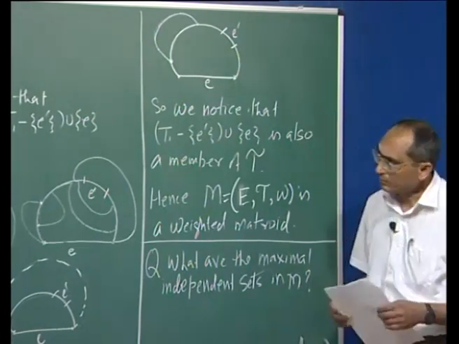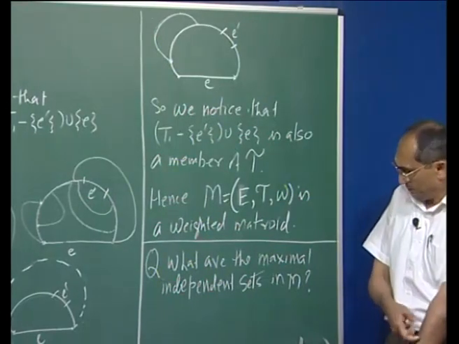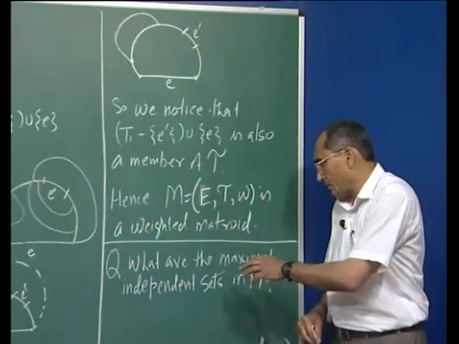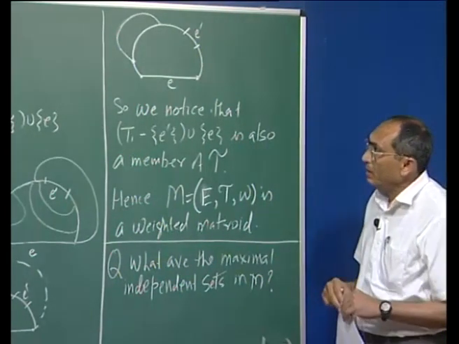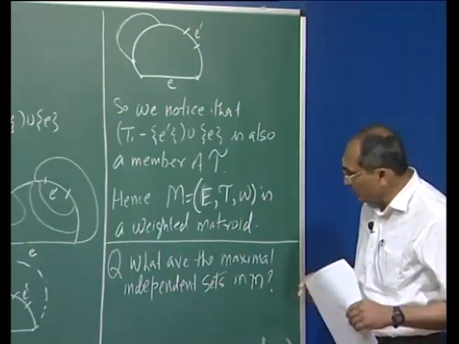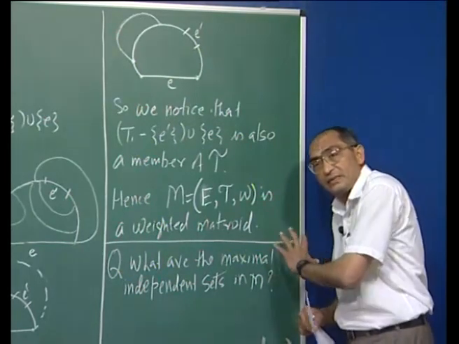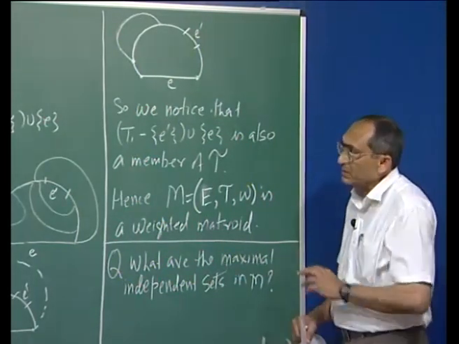Well, the maximal independent sets are those which have the maximum number of edges, those subsets.